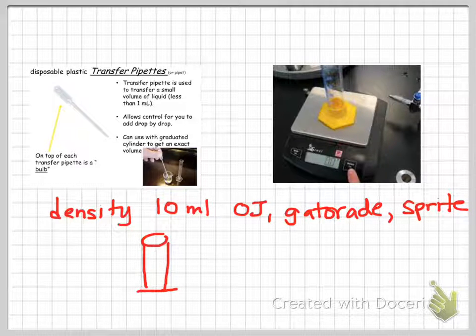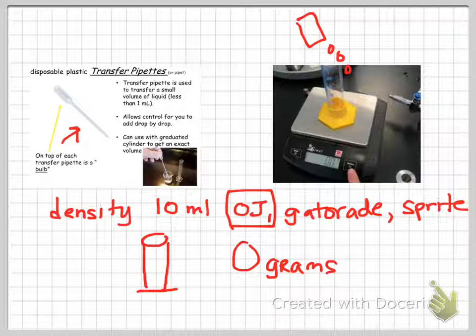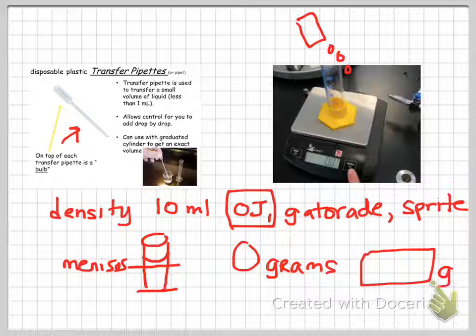Once the graduated cylinder is on the balance and the balance reads 0 grams, you will use a pipette to add 10 milliliters of orange juice. Once you see 10 milliliters in the graduated cylinder, remember you're going to read 10 milliliters at the bottom of the meniscus. You will look at the grams and record the value that you got.